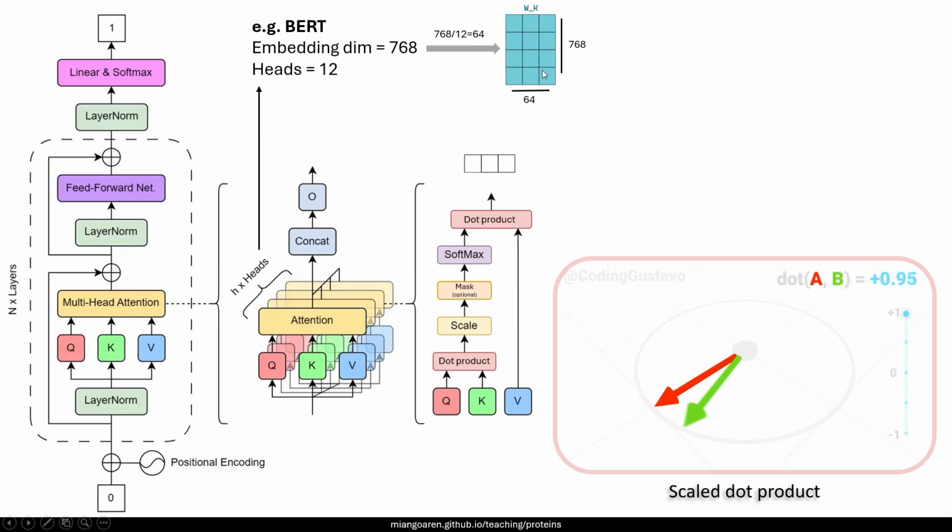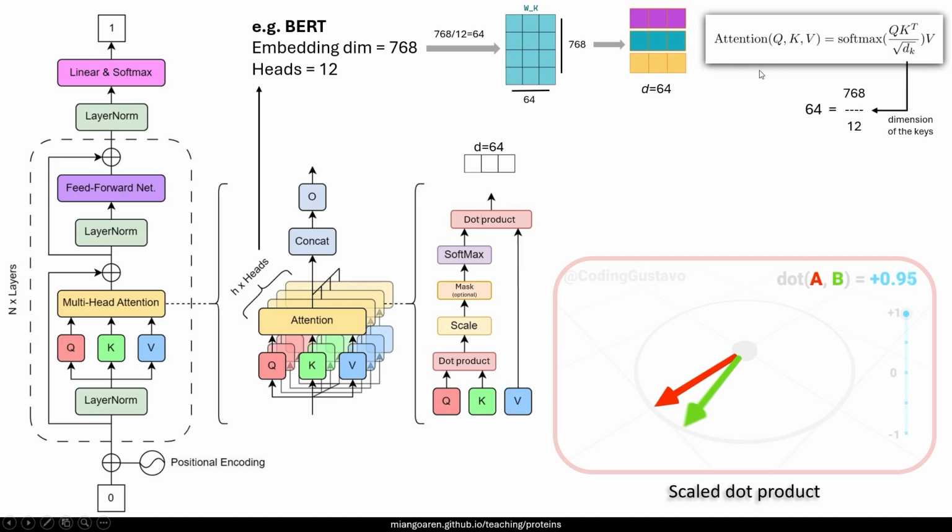That is, this little vector of 64, which is obtained by multiplying the embedding by the query, key, or value matrix, must be 64 dimensions. So now we have key vectors, value vectors, and query vectors that have a dimension of 64.